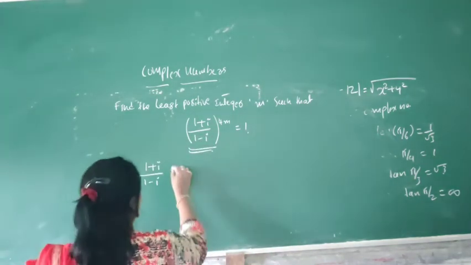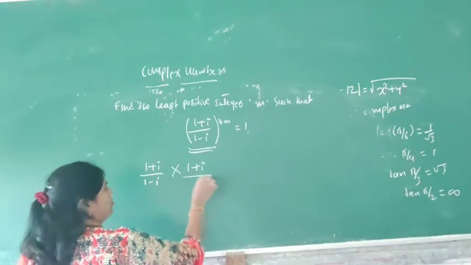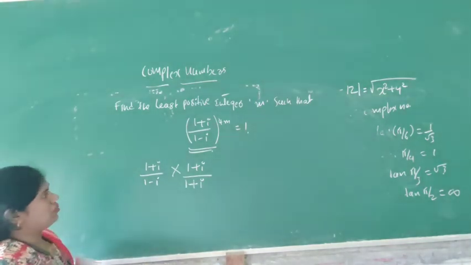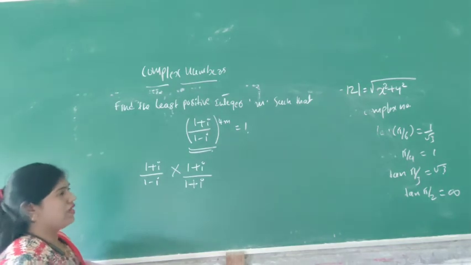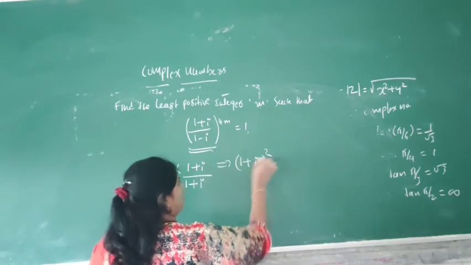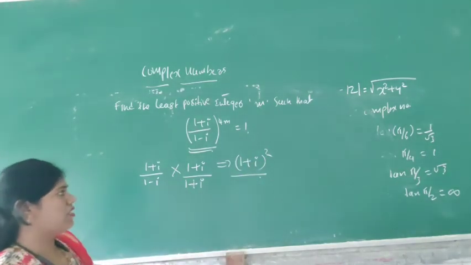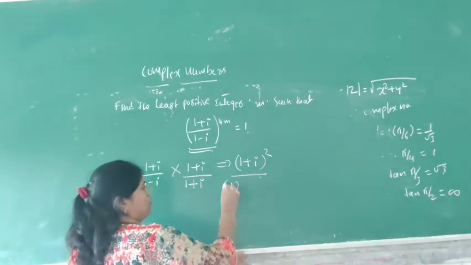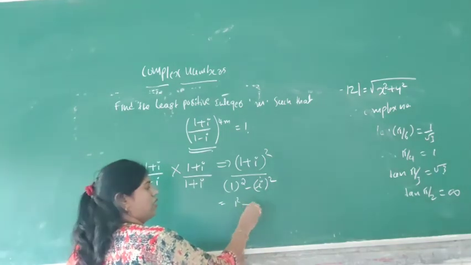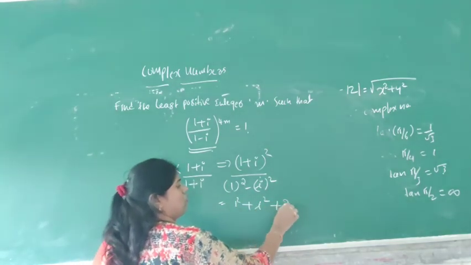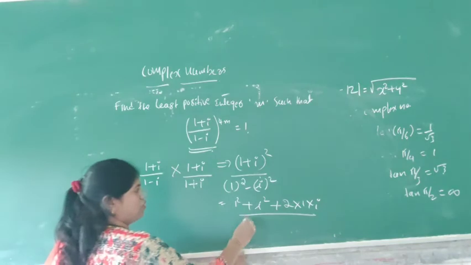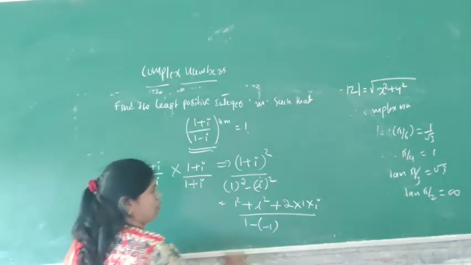Rationalizing, we multiply by 1 plus i divided by 1 plus i, which gives 1 plus i whole square over 1 square minus i square. The denominator uses a minus b into a plus b is a square minus b square, and the numerator uses the a plus b whole square formula, a square plus b square plus 2ab. 1 square is 1, minus i square is minus 1.